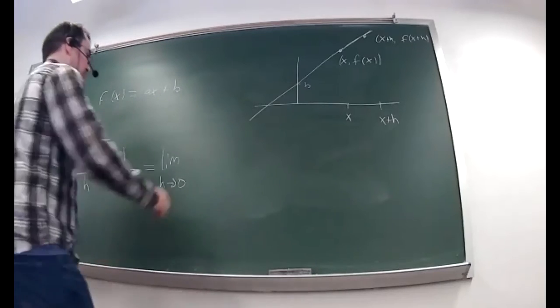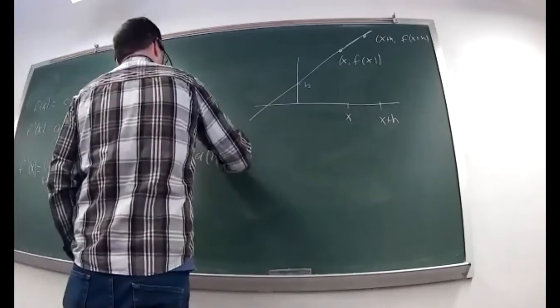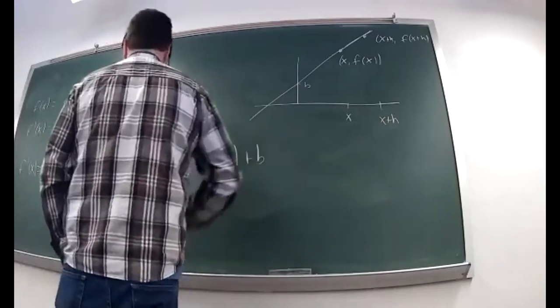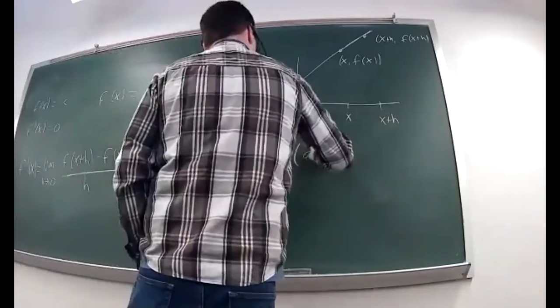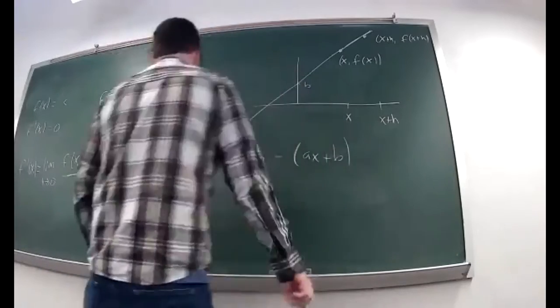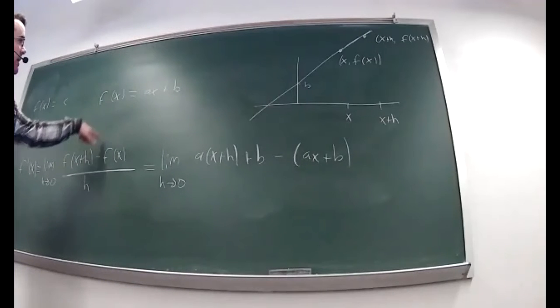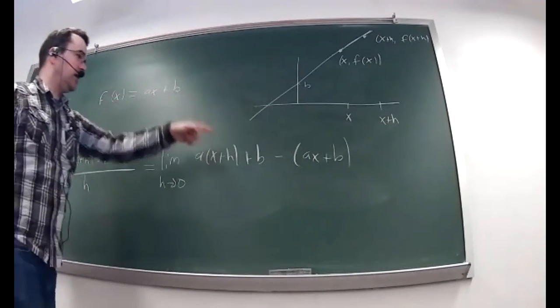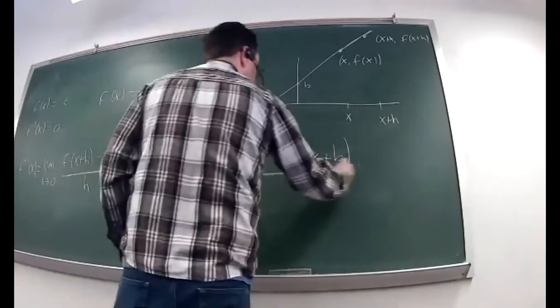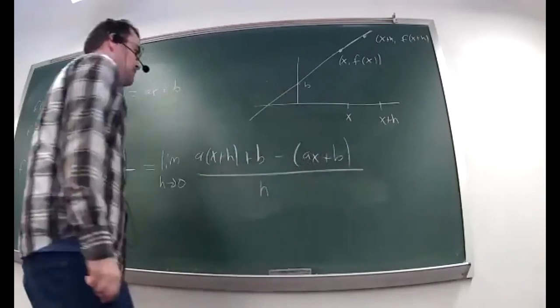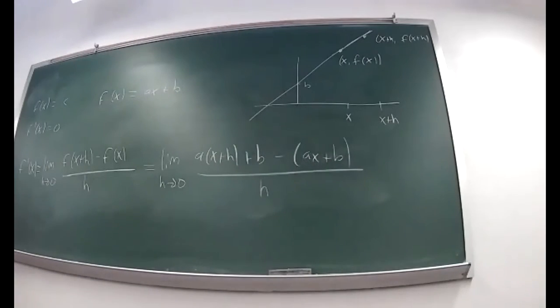So what is that? That's a times x plus h plus b, and then I'm subtracting ax plus b, right? So just literally plugging in x plus h for x, and then subtracting ax plus b, dividing through by h. So we ought to simplify the numerator.